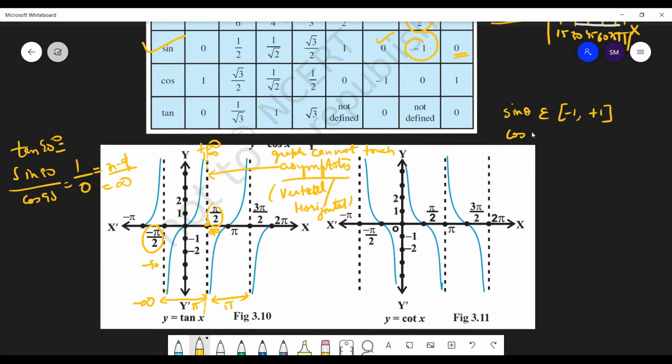Cos theta also belongs to this range, which means its value lies between these. But tan theta lies in a different range. So tan theta belongs to this, the symbol means belongs to, and these are intervals.